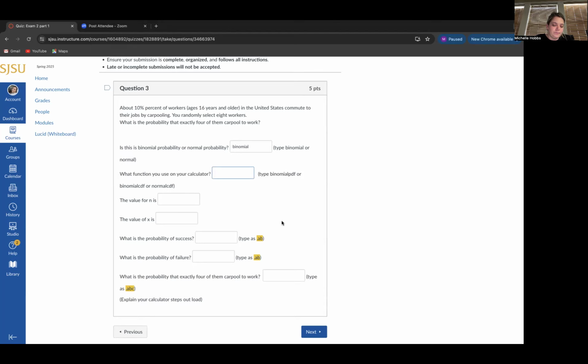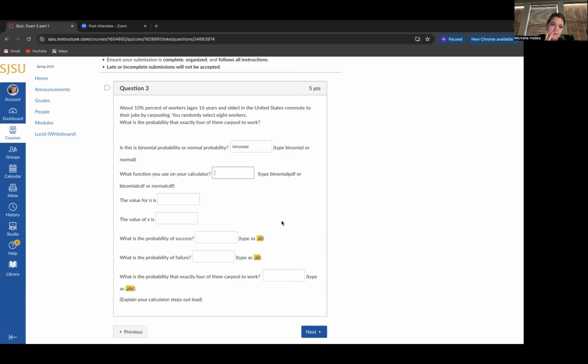What function do you use on your calculator? Binomial PDF or binomial CDF or normal CDF?